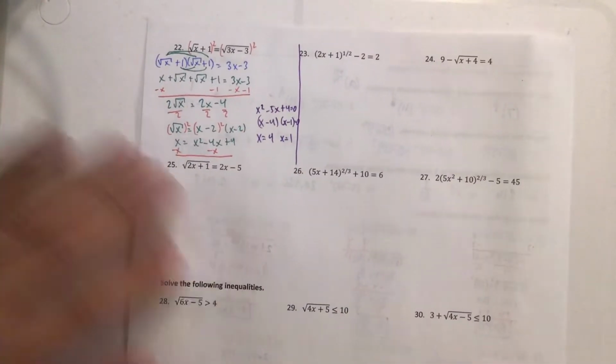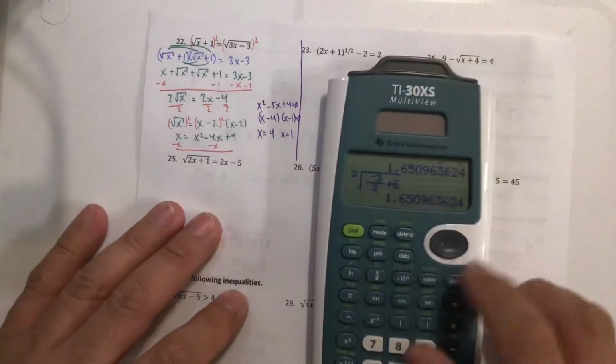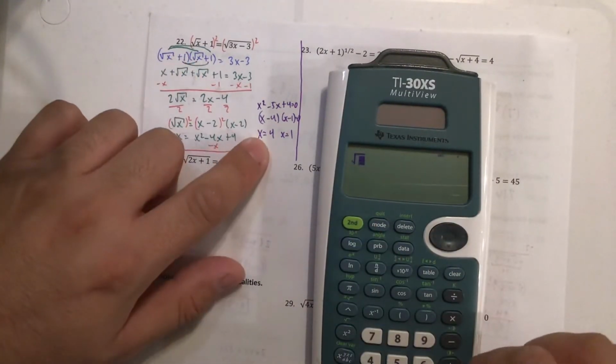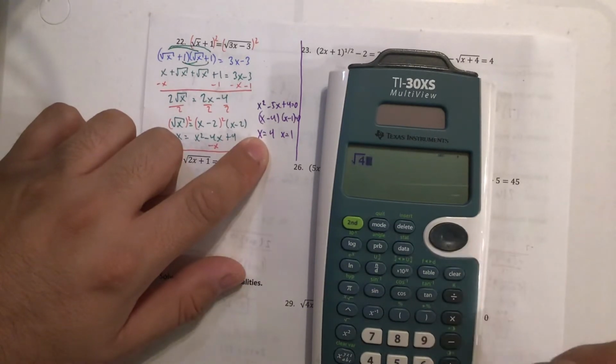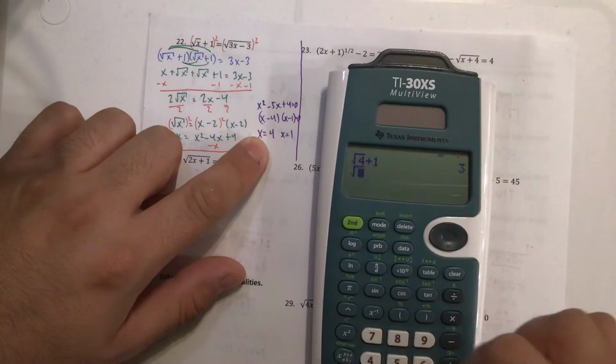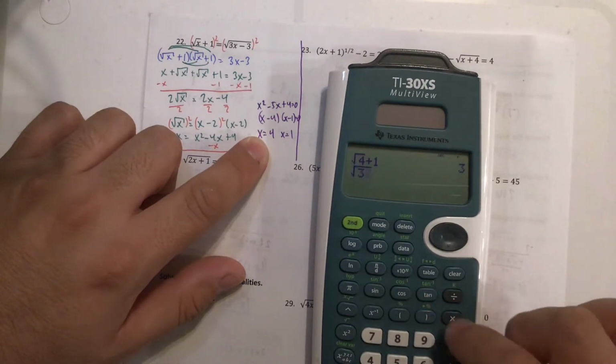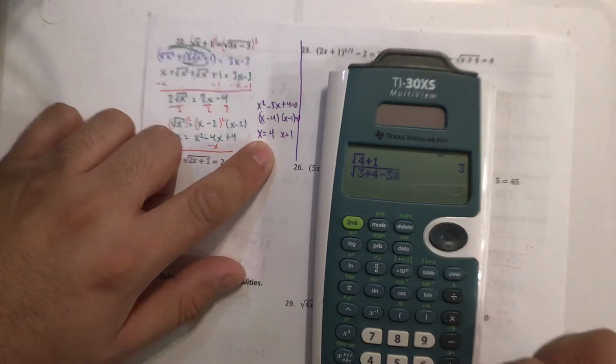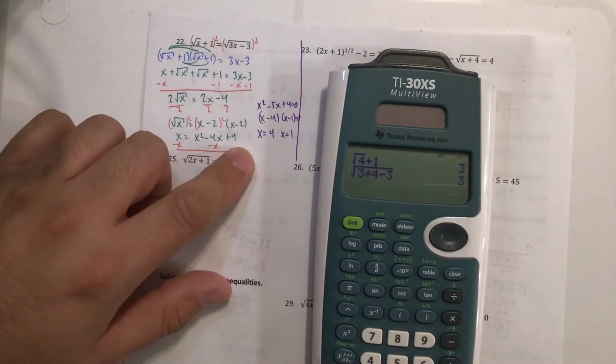Now we're going to check for extraneous solutions on this. So let's go ahead and plug it in. We have the square root of our first x, 4 plus 1, and we get 3. Now the other side, the square root of 3 times 4 minus 3, and we get 3. So our first answer checks out.